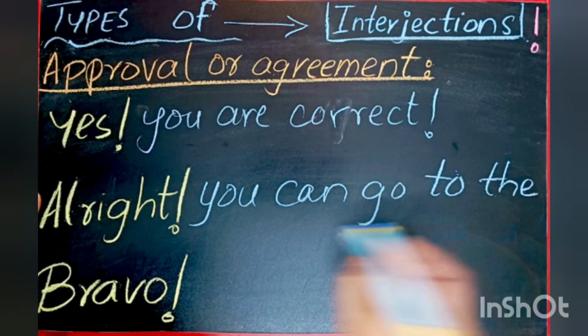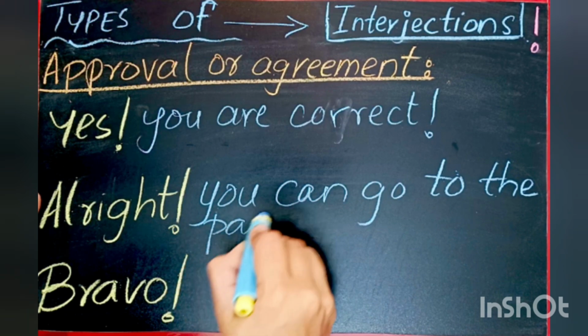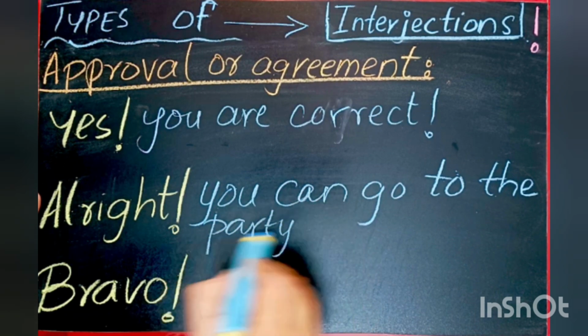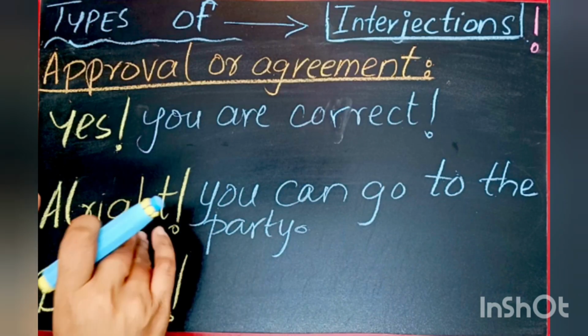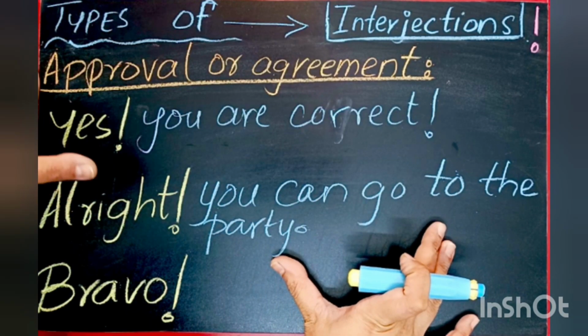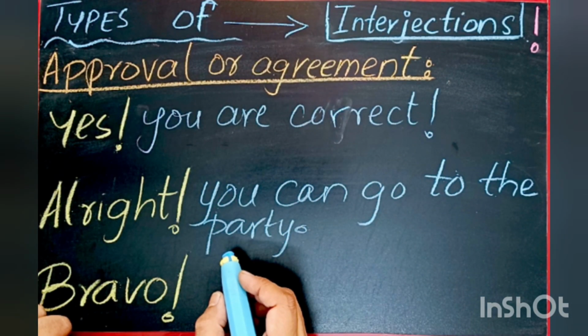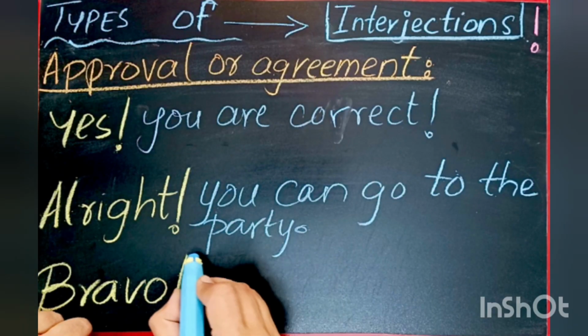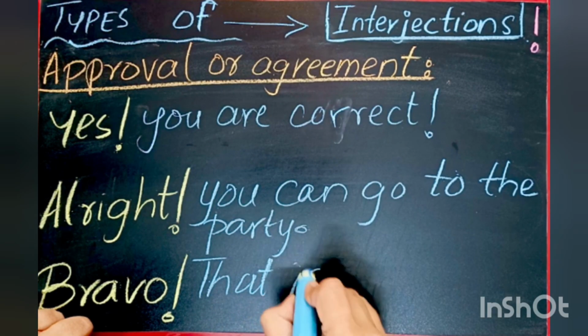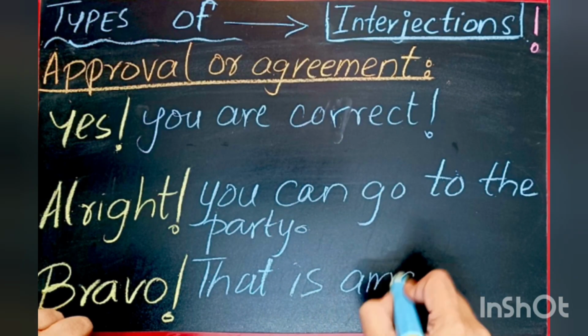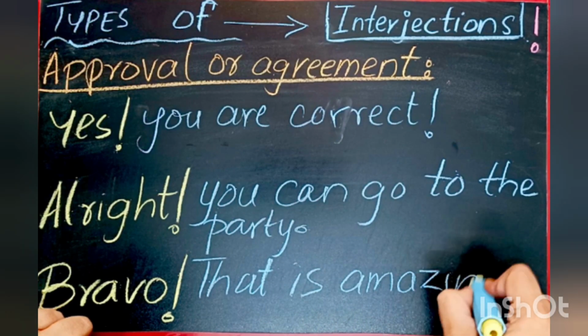The next one is bravo. Now, this sentence is showing us the approval. Bravo. Let me write a sentence. Bravo, that is amazing.